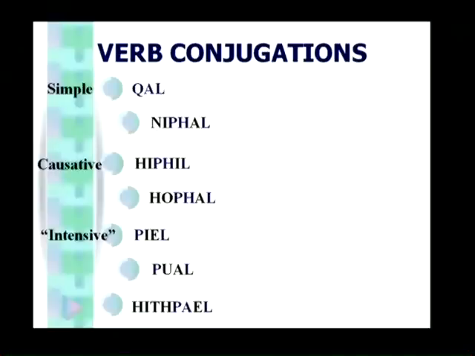Now, the names are derived from the practice of the ancient Hebrew grammarians, usually Arab grammarians, who wrote the first Hebrew grammars, of choosing the verb pa'al for the paradigms. Pa'al in Hebrew means he did, he worked, he made. It's similar to asa.